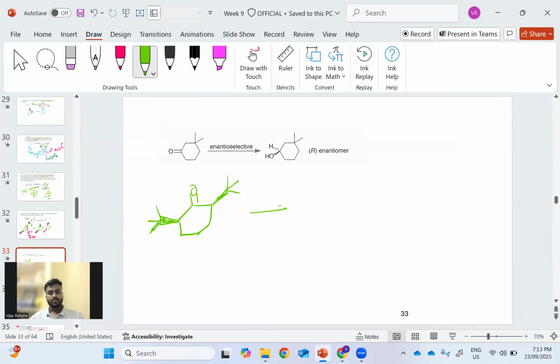At that time, if you do the reduction with NaBH4, the hydride attack takes place.